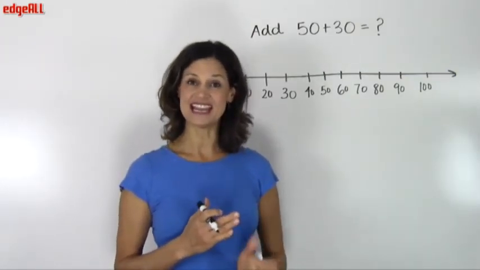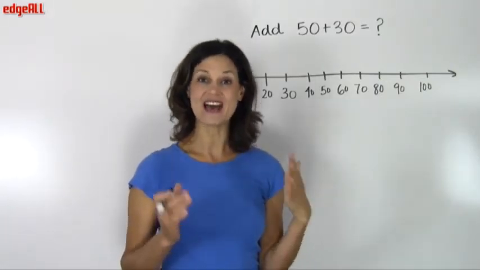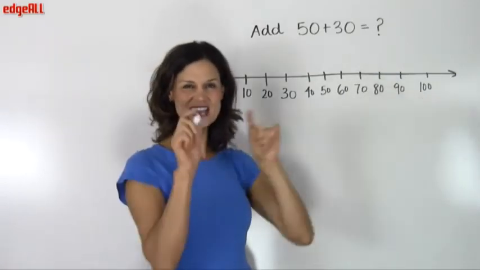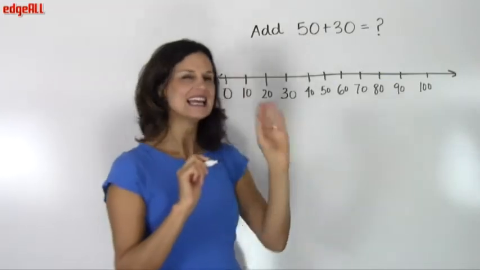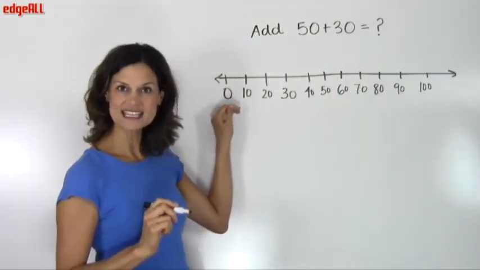Imagine a number line from 0 to 100 made up only of tens. So here's my number line, and instead of putting all the little dashes for 1, 2, 3, 4, 5, 6, 7, 8, 9, 10, all the way up to 100, I can just mark the tens.